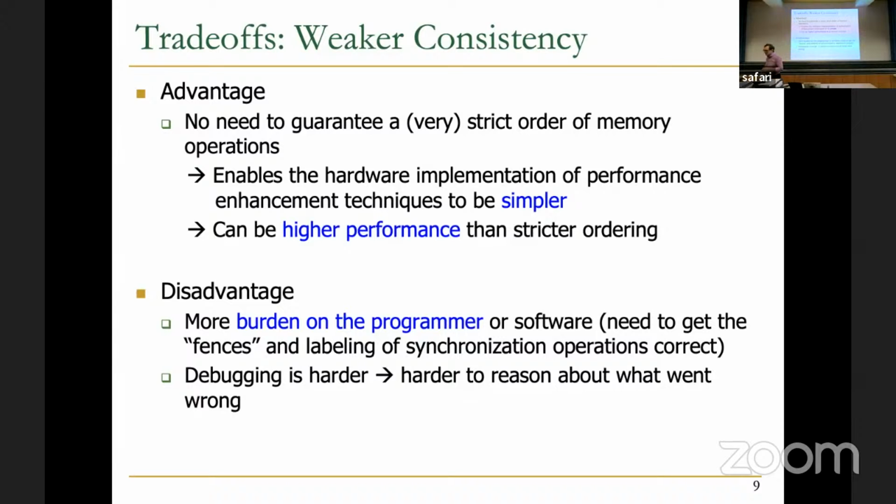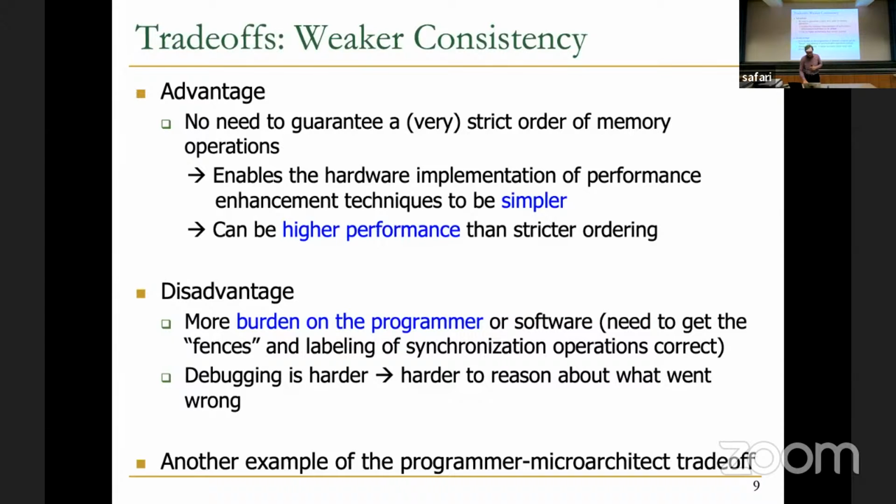So there are multiple debugging issues to consider here. Can you actually replicate the bug across different runs? Or within a single run, can you try to figure out what's going on? So debugging is harder from both perspectives when you go to weaker consistency models.